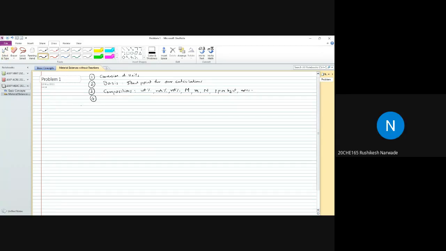So we talked about using the ideal gas law. Yes. So the next thing that we did was looking at the ideal gas law.